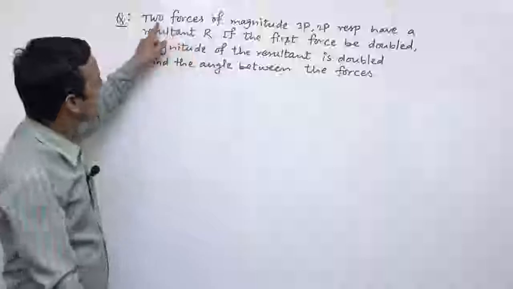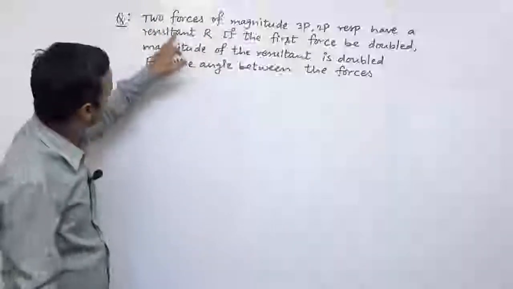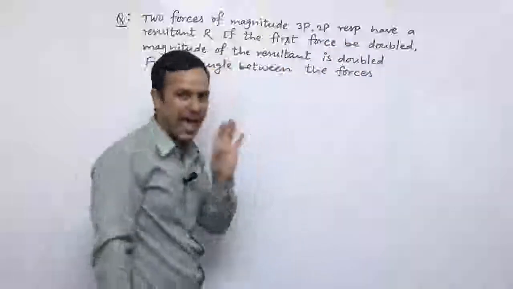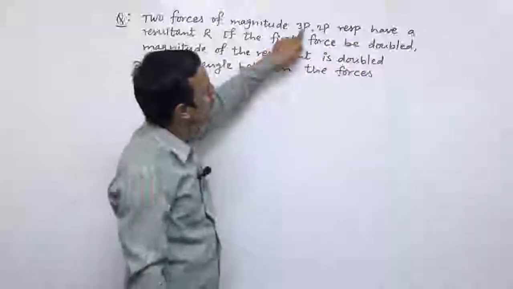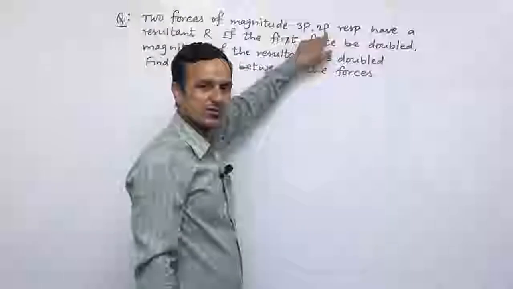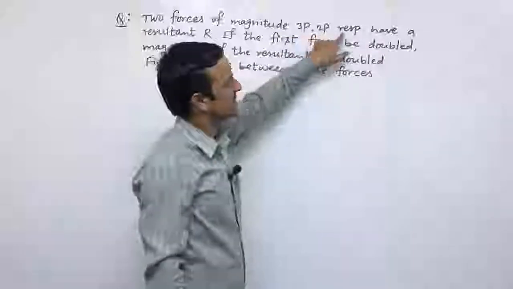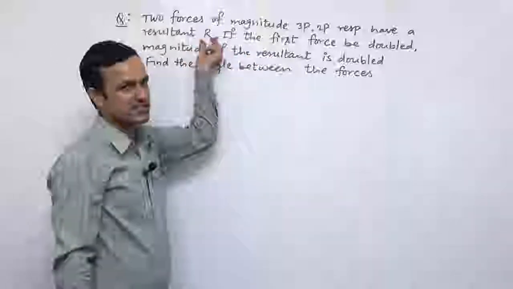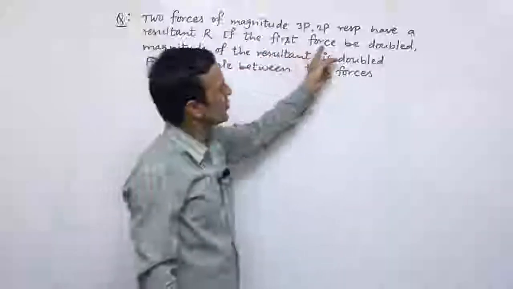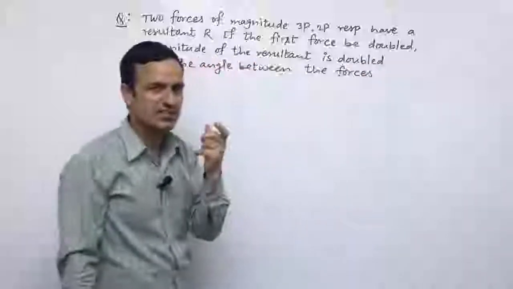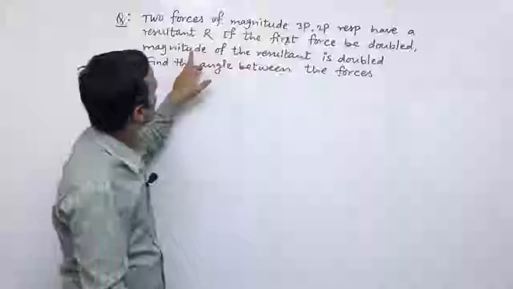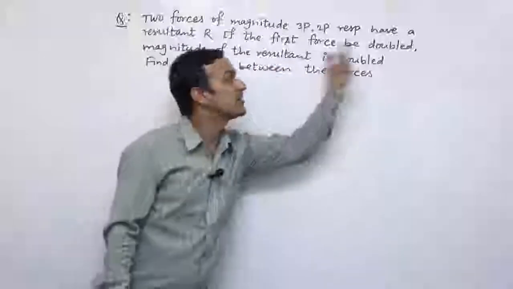So we have this question now. In the question, two forces of magnitude 3p and 2p respectively. We have two forces. One of the forces is 3p, another one is 2p respectively. Have a resultant R. We have a resultant R of these two forces. If the first force be doubled, this is the condition, then the magnitude of the resultant will be doubled.